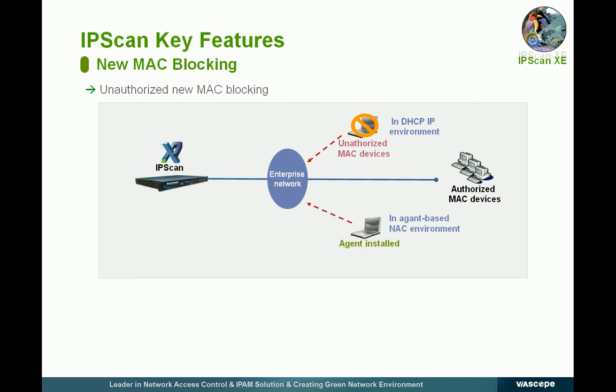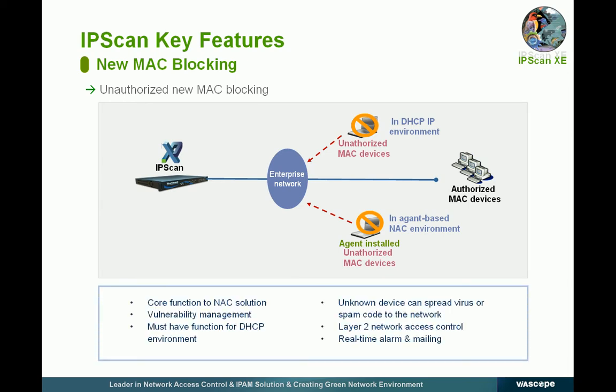For the ordinary agent-based NAC, installing the agent requires assignment of IP or MAC address from the network server, as the isolated network can receive even harmful packets. Since this function of IPScan quarantines the MAC address itself, unauthorized MAC can't access the network from the very start, and thus the entire network can be safe from various threats from endpoints.